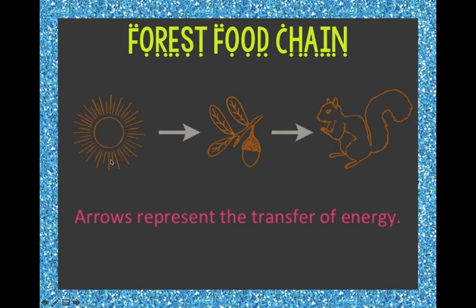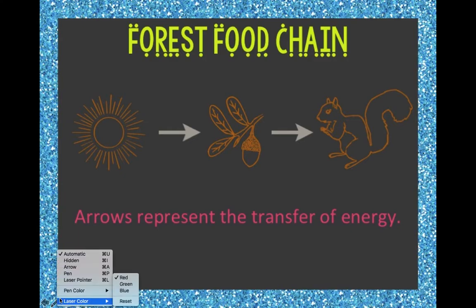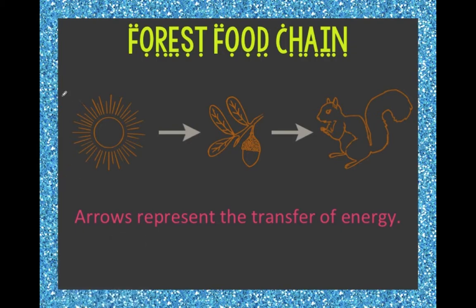All food chains begin with the sun for their energy source, all of them. So just to make sure that you fully understand this, let's see here. Let's go with that red. So all energy starts with the sun.